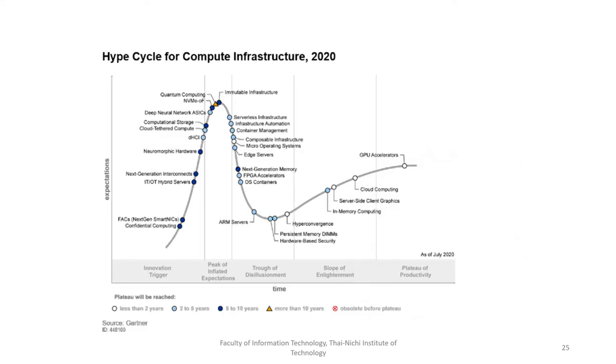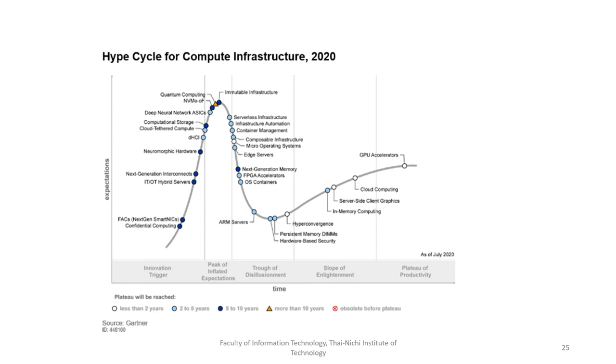So this is a hype cycle which is published by Gartner. We see that cloud computing has scope of containerless systems. Container serverless architecture, we use it for around 2 to 5 years of scope, and we have more than 5 to 10 years of scope given for computational storage, IoT hybrid servers, and some other similar things like immutable infrastructure, and quantum computing has a huge potential.